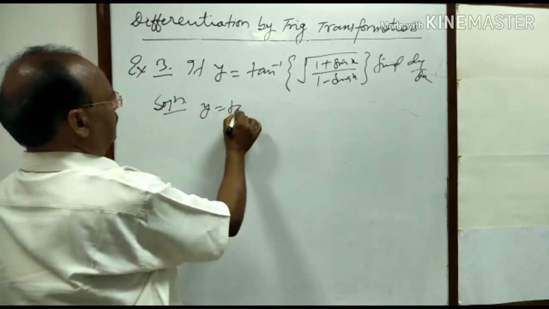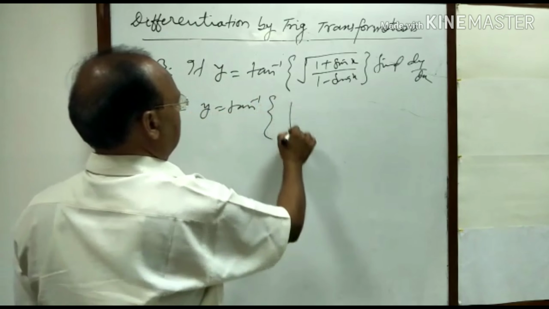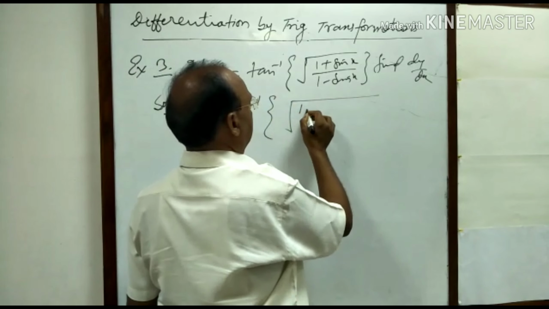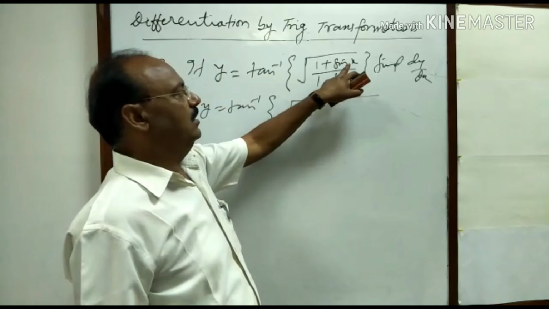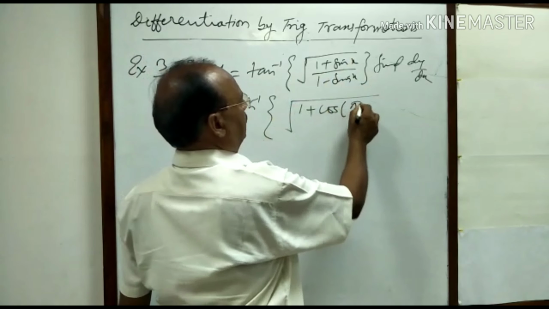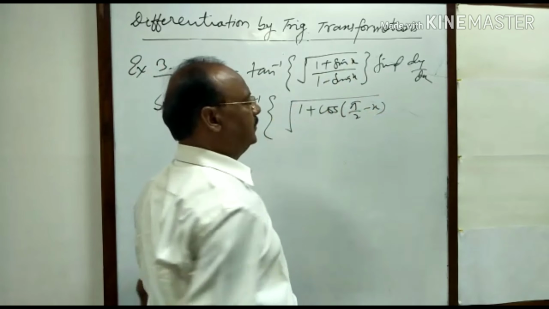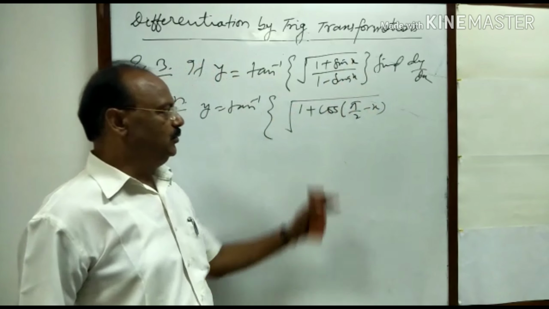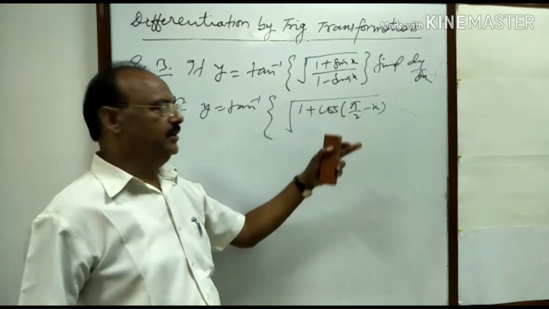Here y is tan inverse root over 1 plus, we can write this sin x as cos of pi by 2 minus x, so that we can reduce it in a simple form very easily.